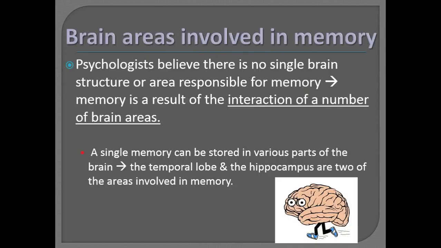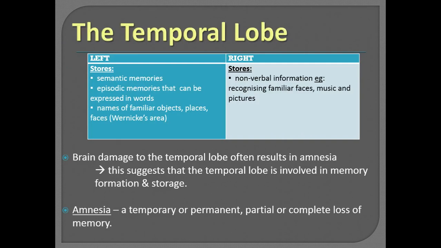All right, so it's obviously important to note that there's no one area of the brain that's important for memory, or one area of the brain that stores a specific type of memory. It is about an interaction between different parts of the brain, and different things get stored in different locations. But what we do need to know about specifically is the role of the temporal lobe.